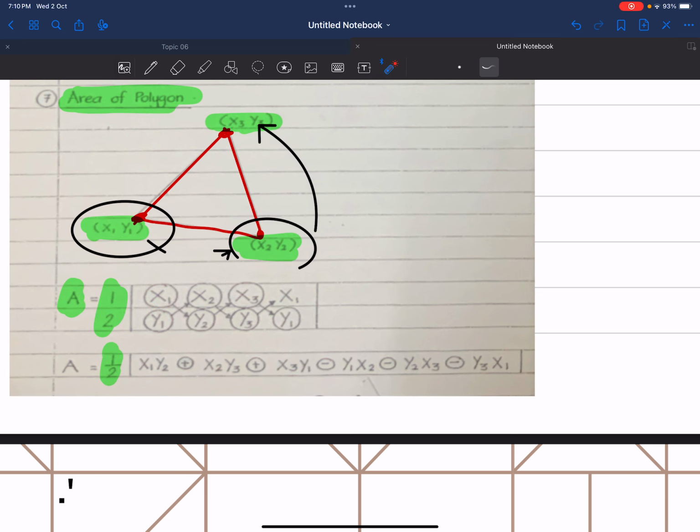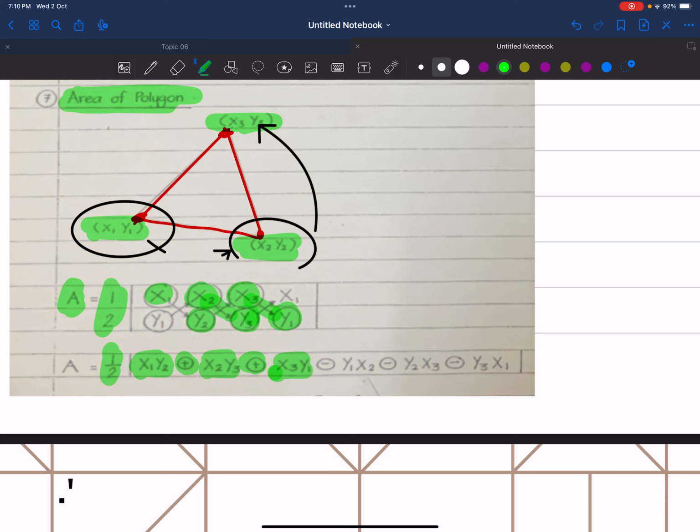You multiply x1 with y2, x1y2, and then plus, coming down is plus. And then x2, you come down to y3, x2y3. Again plus. And then x3, you come down to y1, x3y1.